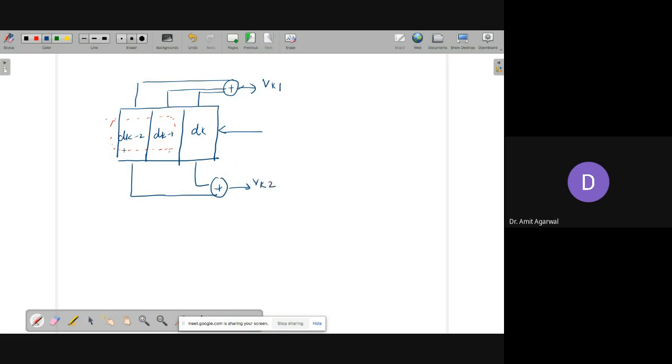So can we make a table like this? What are the possible dk minus 2, dk minus 1, dk combinations?